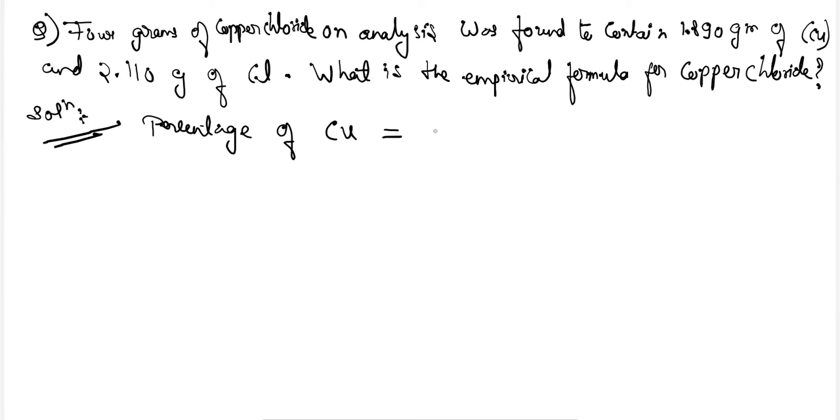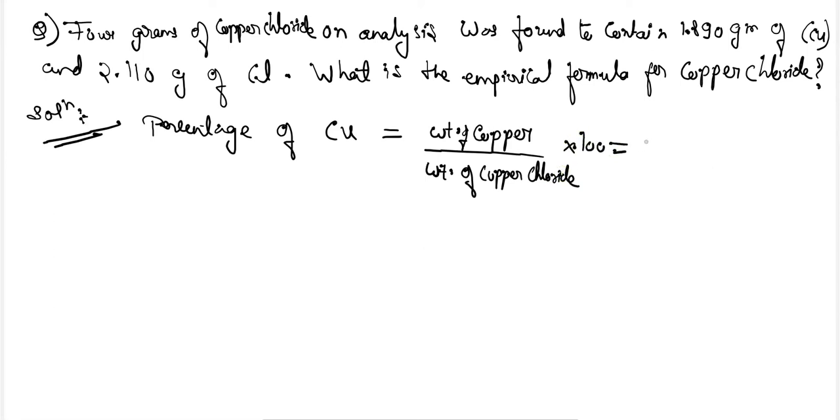It will be calculated by the weight of copper divided by the weight of copper chloride, multiplied by 100. The weight of copper is given as 1.890 divided by 4, into 100.